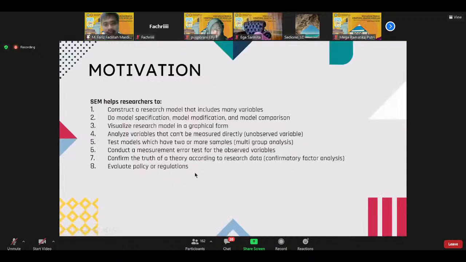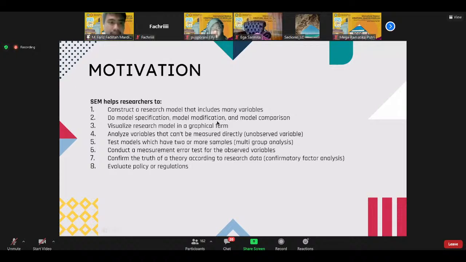In this part, I just make an addition to Dr. Hashem's slides, because some parts were already discussed by Dr. Hashem in the previous session.